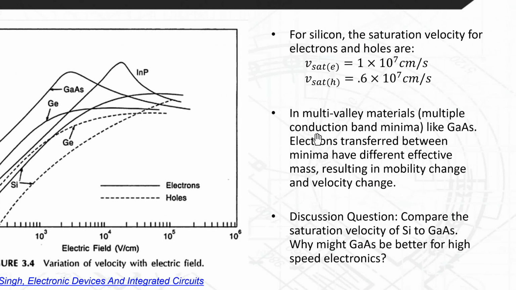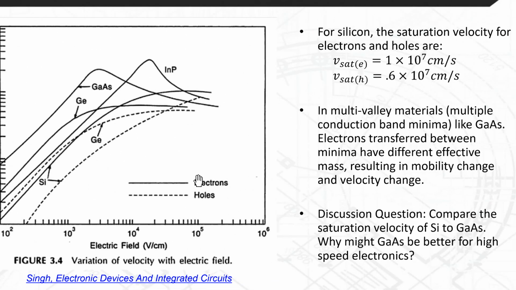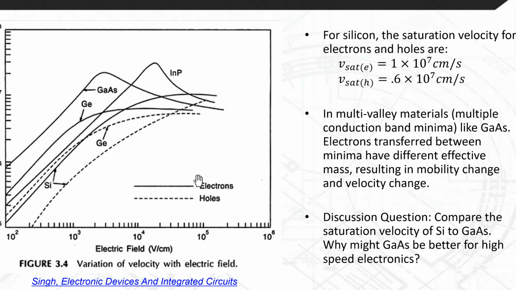So this multi-valley material thing will probably make more sense later. But these materials have multiple valleys in the conduction band when you look at the E versus K diagram. We'll talk about that next class.